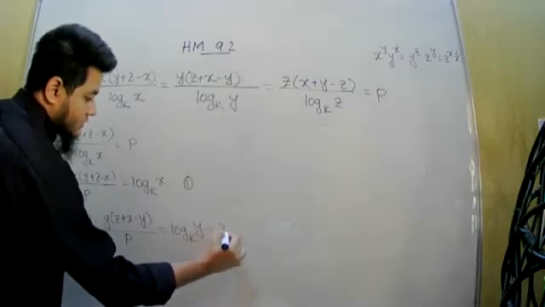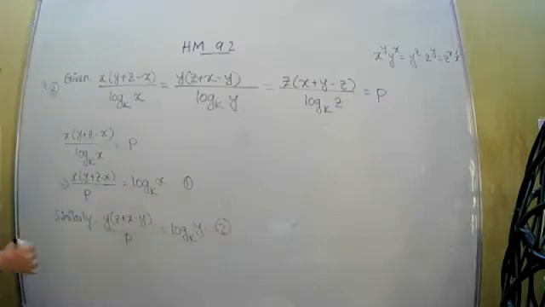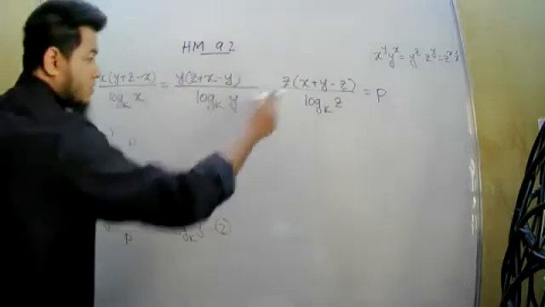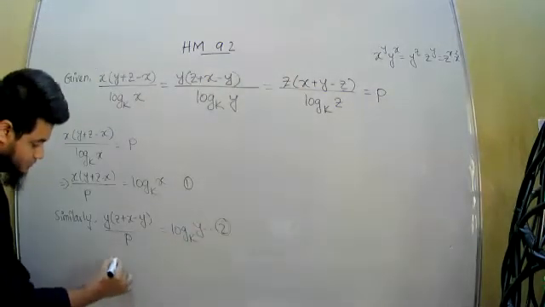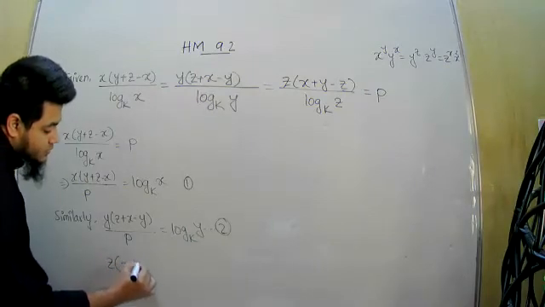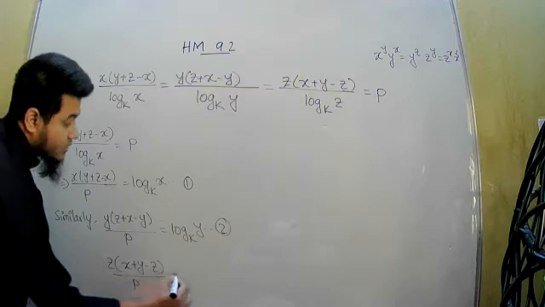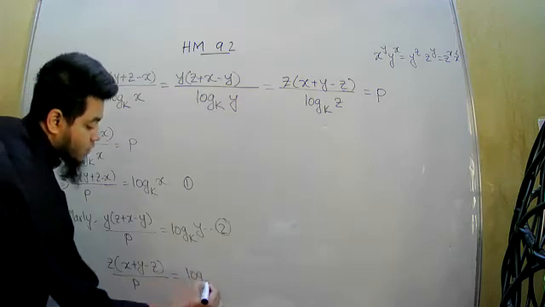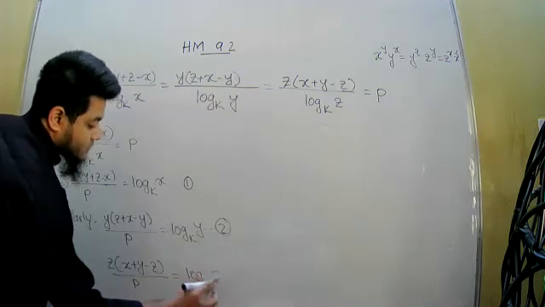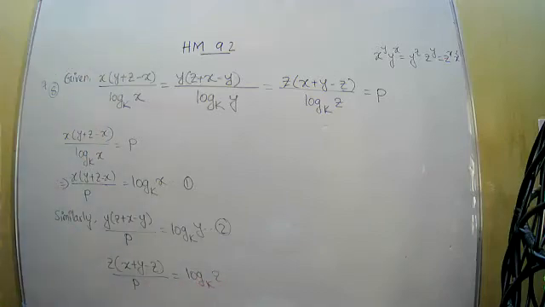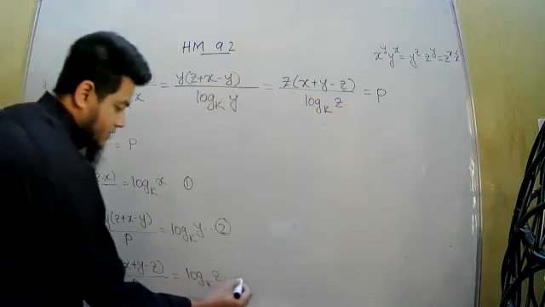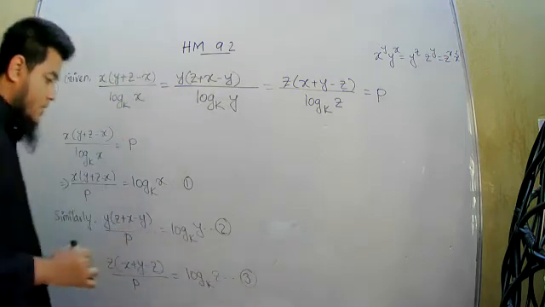This one is considered as equation 2. And then from the third one, we will get z into x plus y minus z divided by p is equal to log k base z. Okay, so this is considered as equation 3.